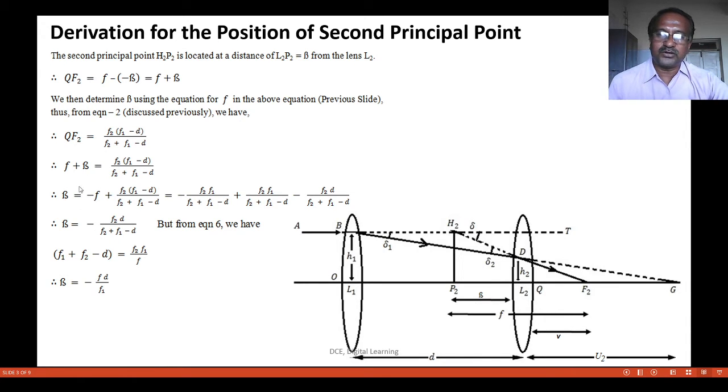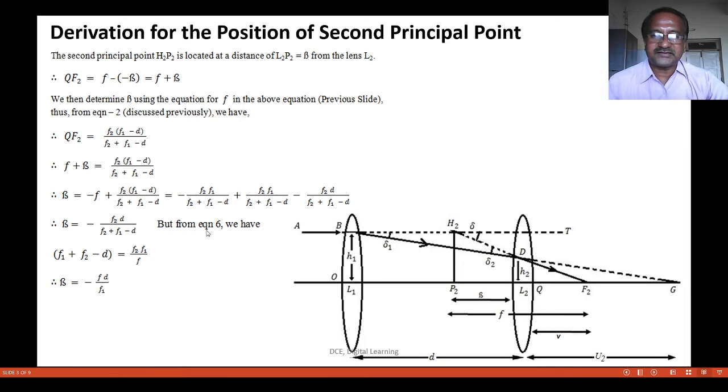Therefore, beta is equal to minus F, and this is brought on the right hand side. On simplification, we get this equation, and therefore beta is equal to minus F2 D divided by F2 plus F1 minus D.